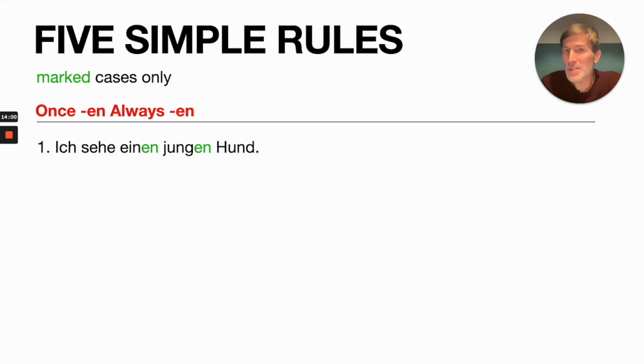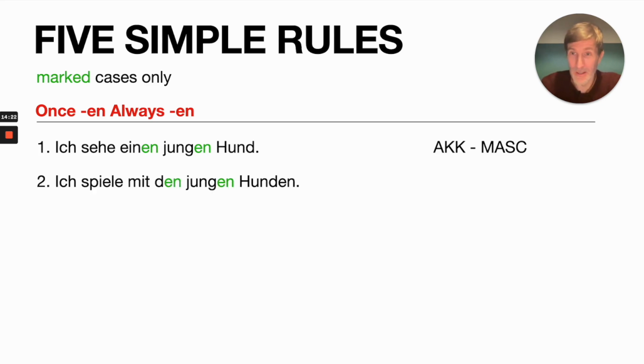A few more examples for this rule. And I give you the case and genders. You can ignore these. These are completely irrelevant for now. For the adjective declension, it's completely irrelevant to know whether Hund is masculine or accusative. Of course, it's essential, but not for you to find the right ending.